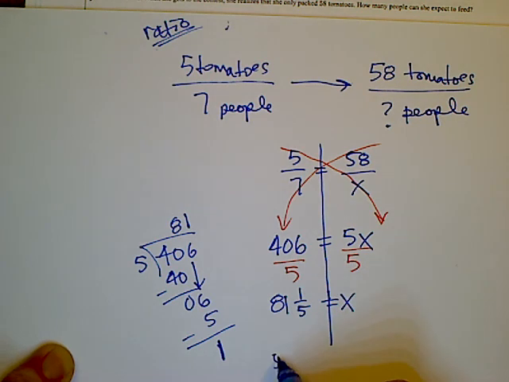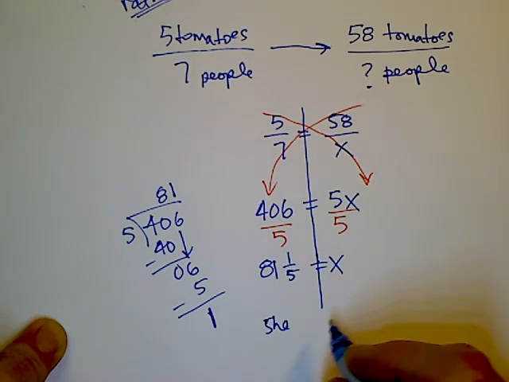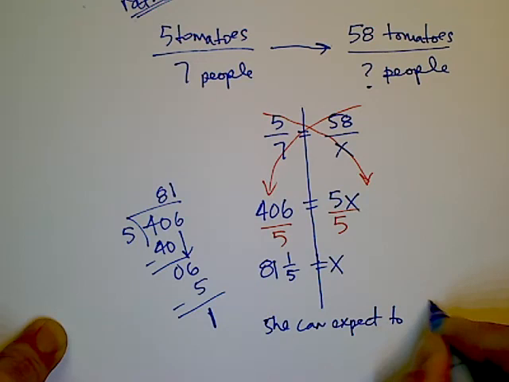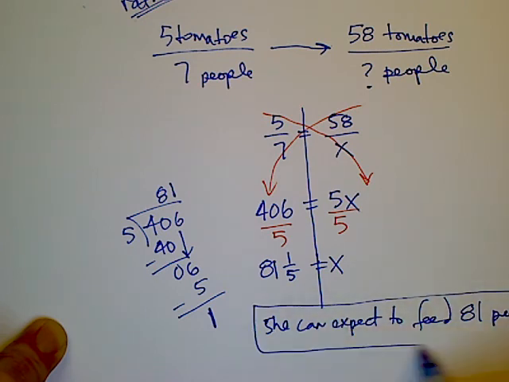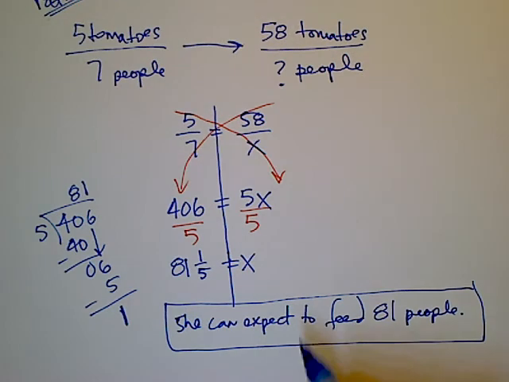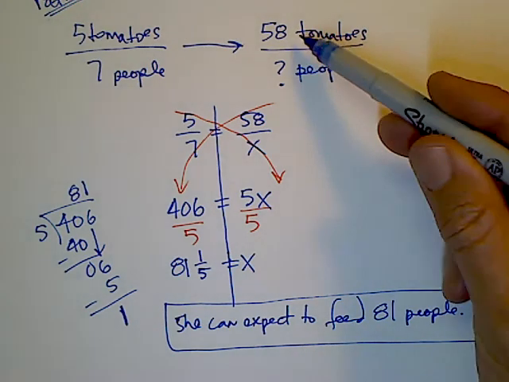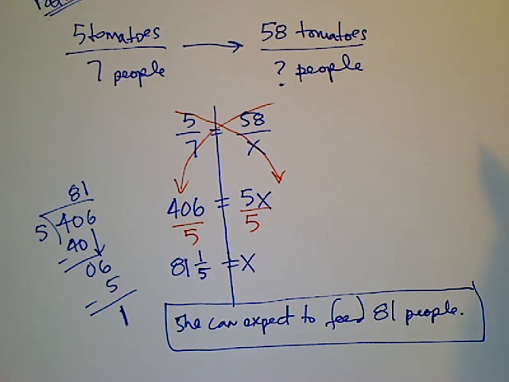So the answer would be that she can expect to feed 81 people with those 58 tomatoes. All right. Hope that helped.